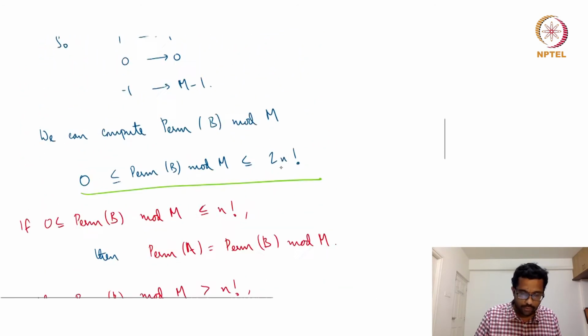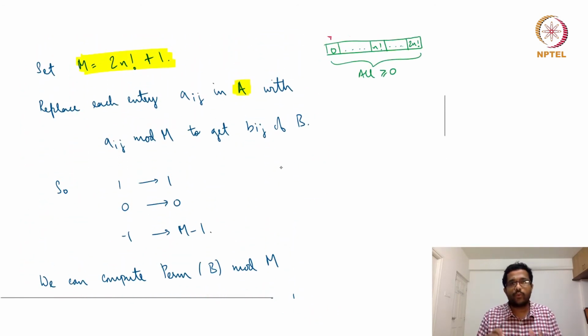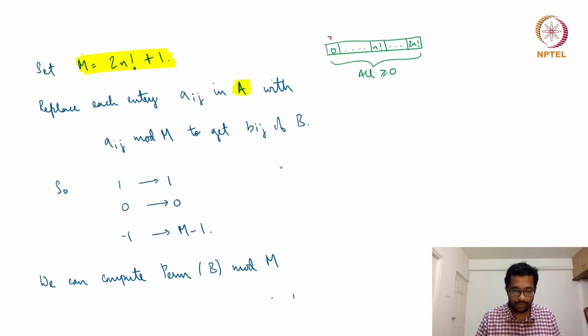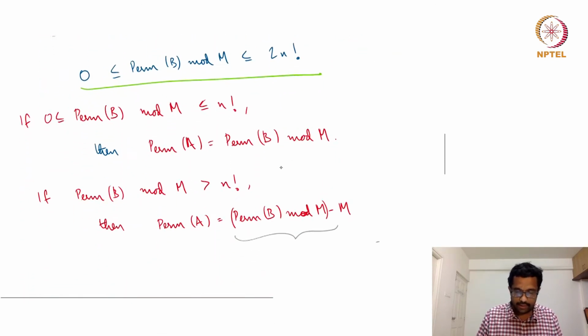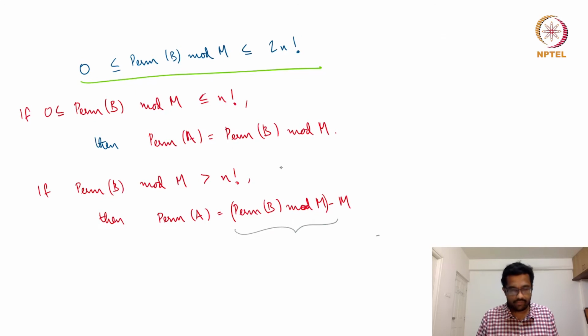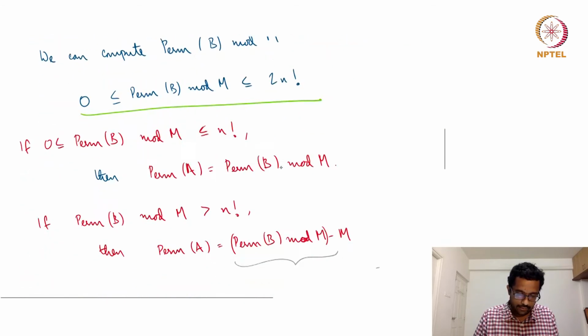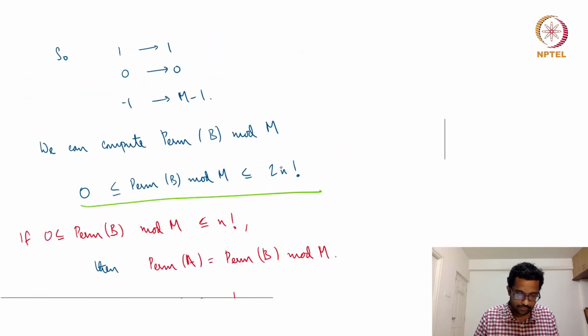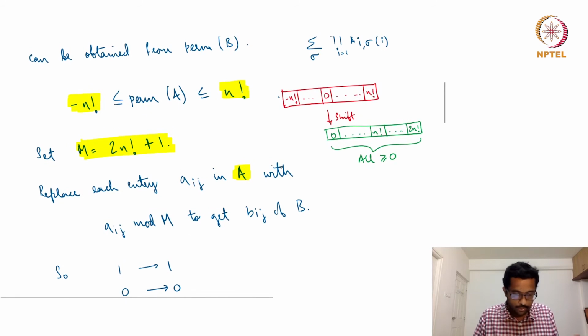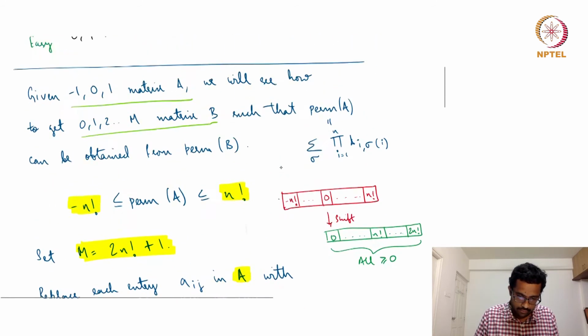So that's how we reduce a permanent of a 0, 1, minus 1 matrix to a permanent of a matrix that has values in the range 0, 1, 2, 3 up to capital M. In fact, the values will be up to m minus 1, since we are doing modulo m.